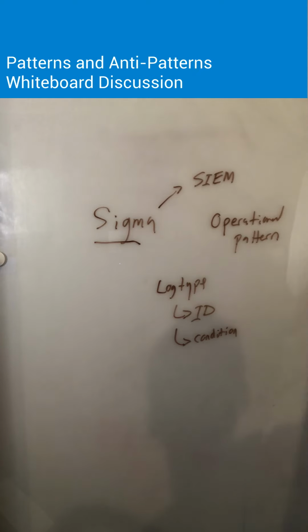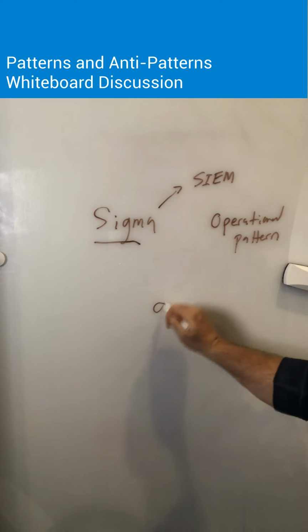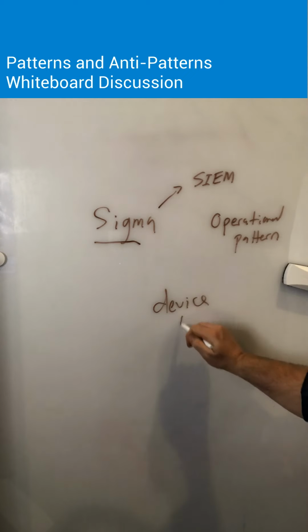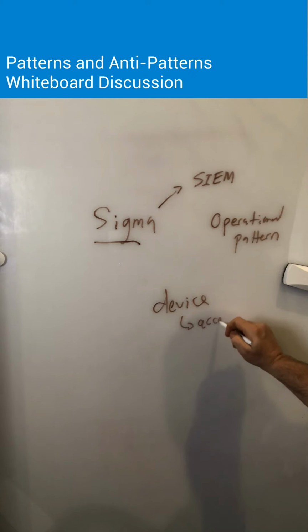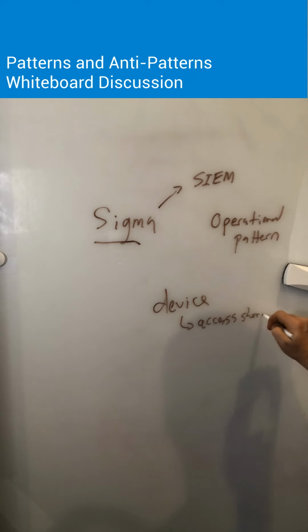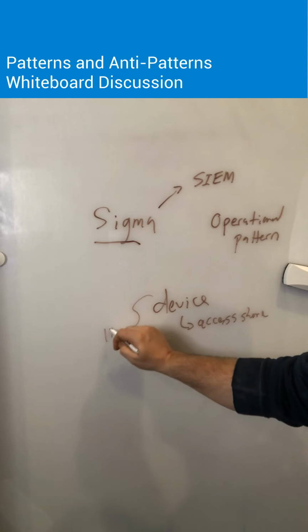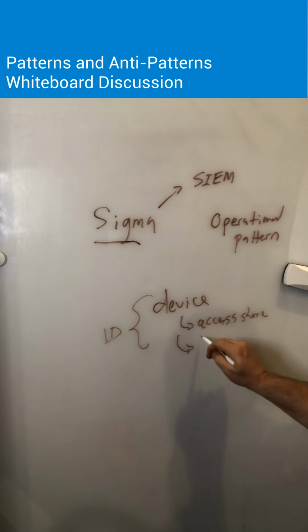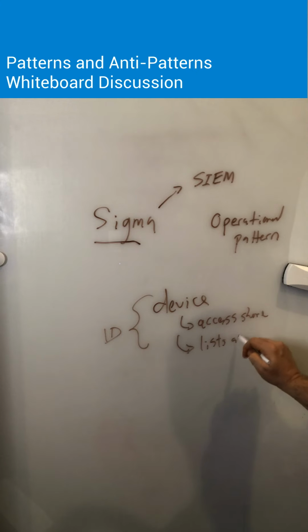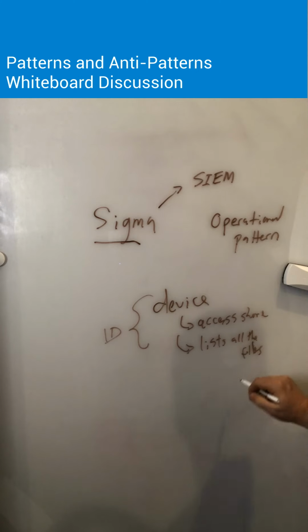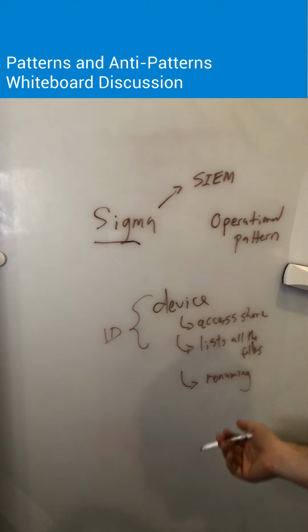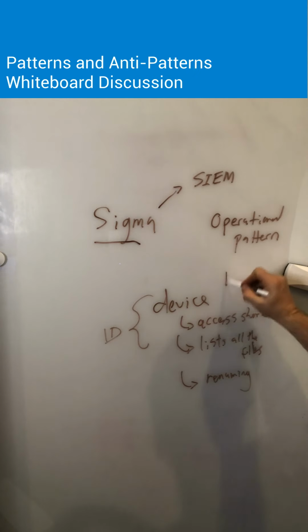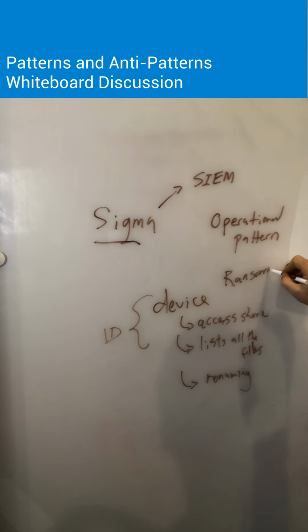So let's just write this out. We might have in here, as an example, the device accesses a share, and this will all be usually tied up in one ID, that then lists all the files on that share, and then begins renaming them. This would be a snippet of something that looks for a ransomware event happening.